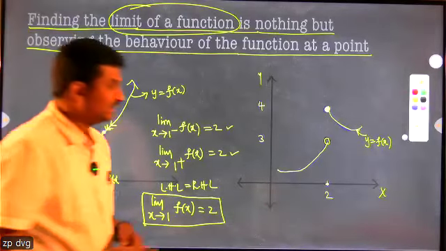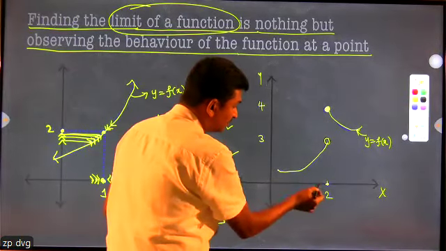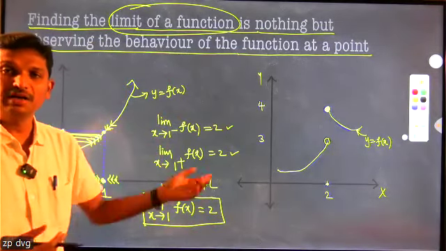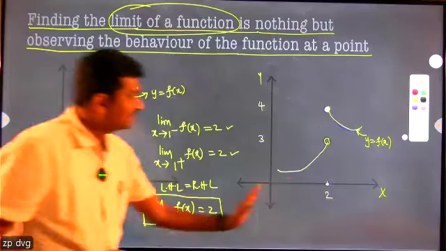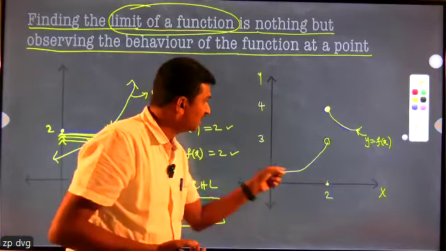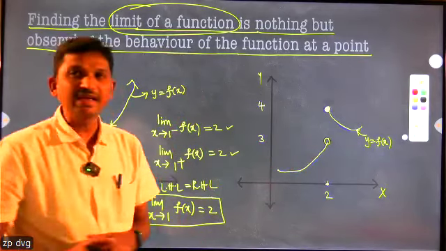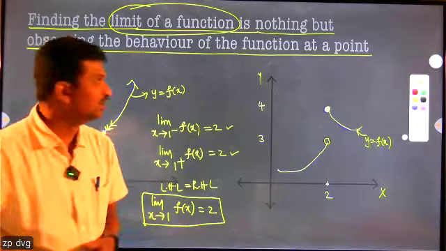That means when x approaches 2 from left, where is the function approaching? From the graph, you need to answer. When x approaches 2 from left, where is the graph approaching? The graph is approaching 3. So in this case, what do we say?